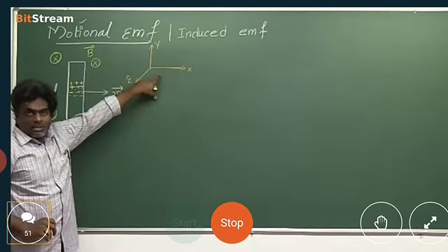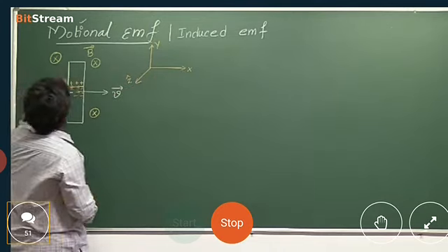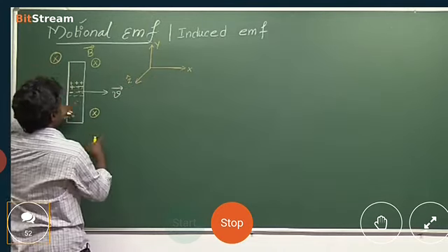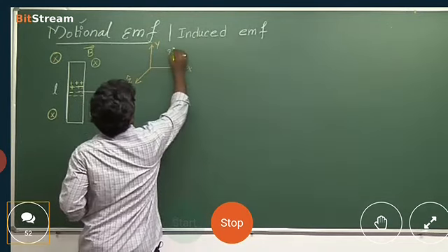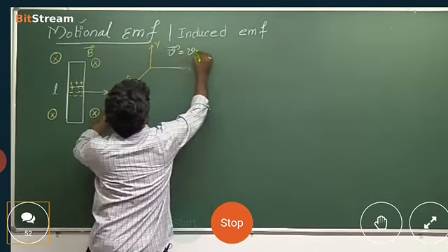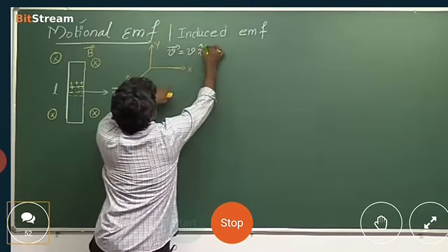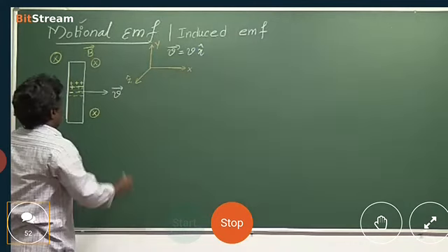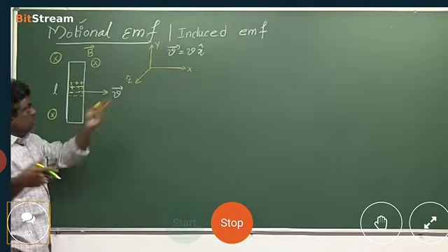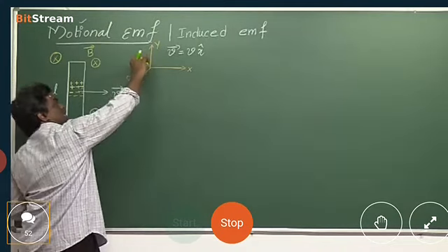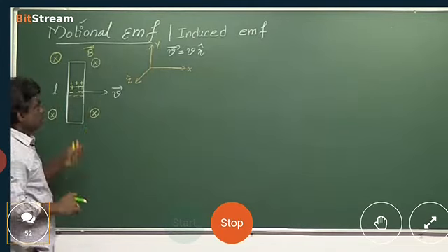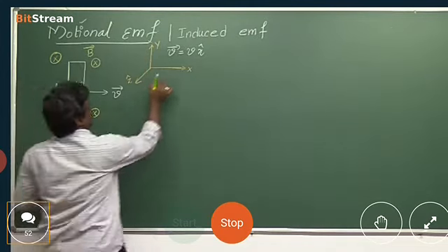With this coordinate system, could you please define what your quantities are. First one, velocity. Of course, your velocity is nothing but v along which cap? X cap. And z is out of the board. Then minus z cap is into the board. Your magnetic field is into the board.